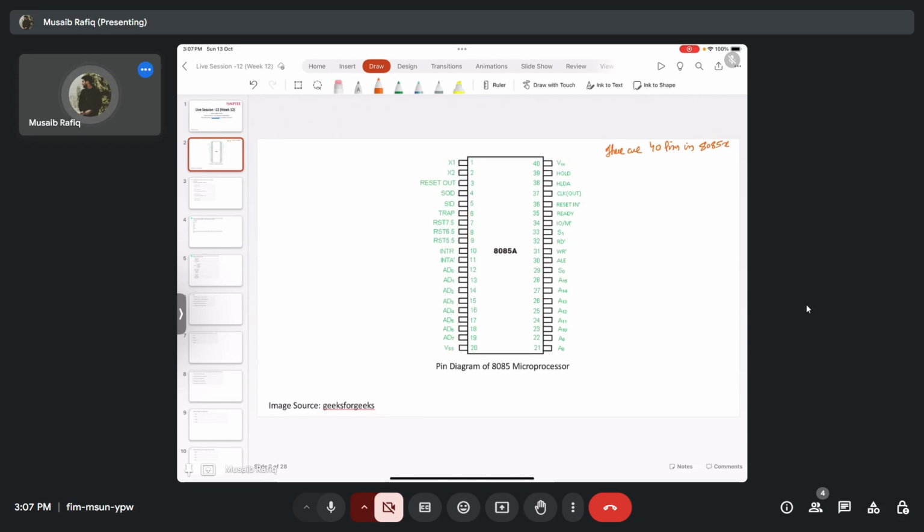Here, mu is for micro and p is for processor, and these 40 pins can be classified into 7 categories.